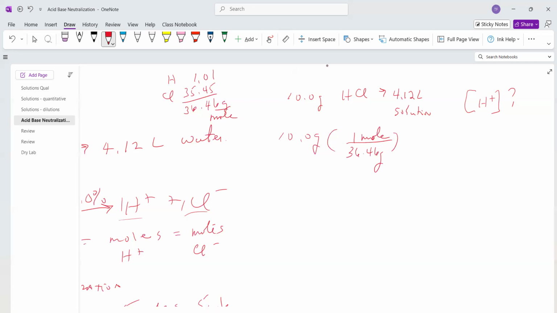Okay, from the balanced equation now, is it balanced as written? Yeah, balanced as written: 1 H, 1 H, 1 Cl, 1 Cl. So this is HCl now.